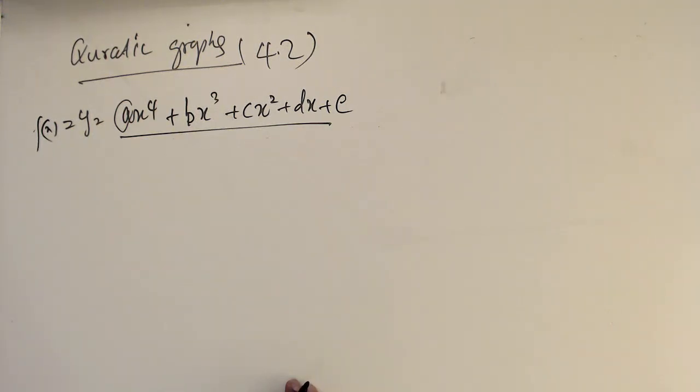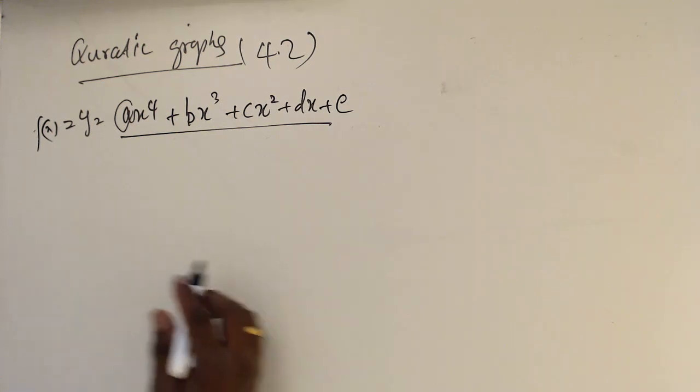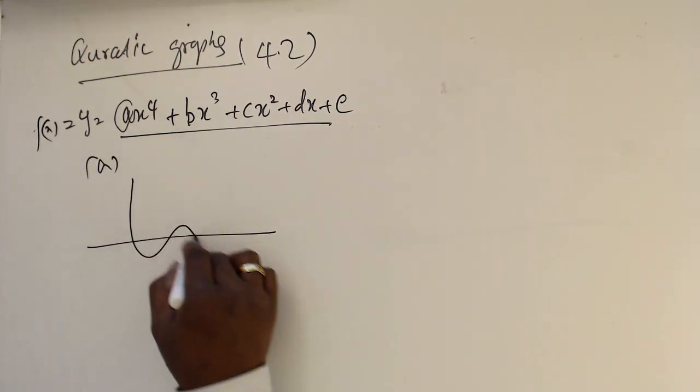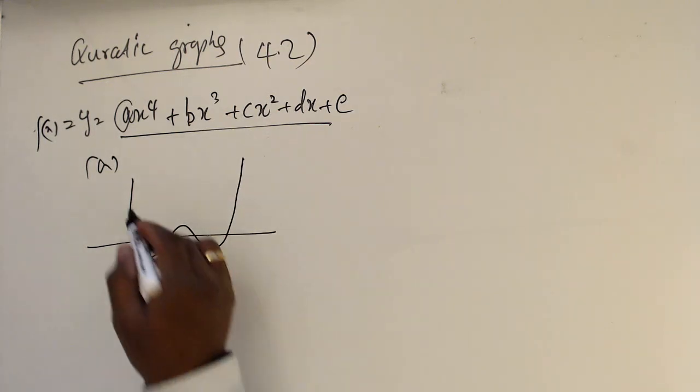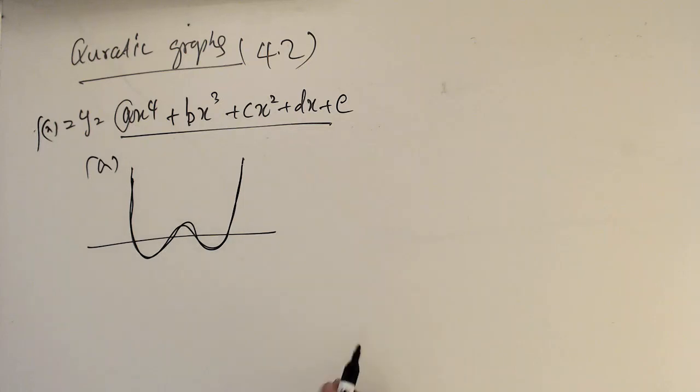This is the same as quadratic. As I said, the shape of the graph differs a bit. If a is greater than 0, you will see this kind of curve that looks like teeth.